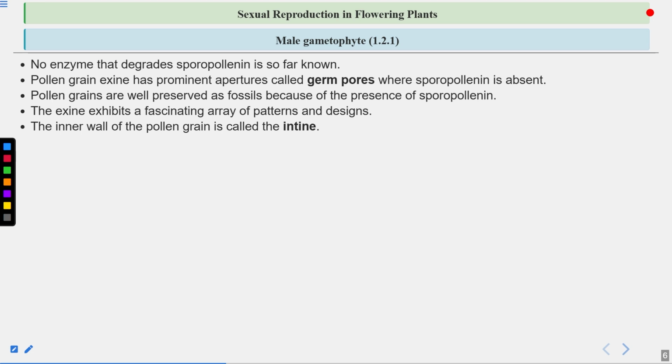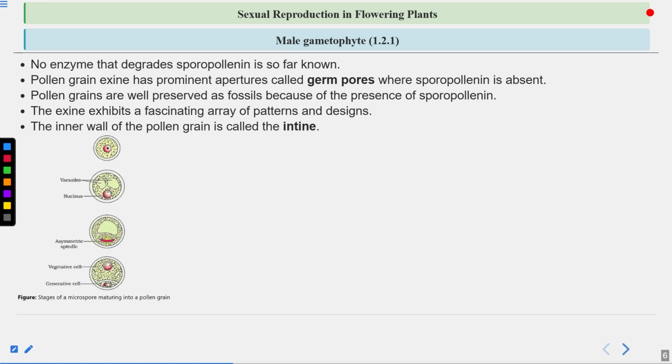Harshita also says cellulose. There is one more substance. Yes, pectin. The inner wall of the pollen grain is called the intine, and it is made up of cellulose and pectin. Okay.